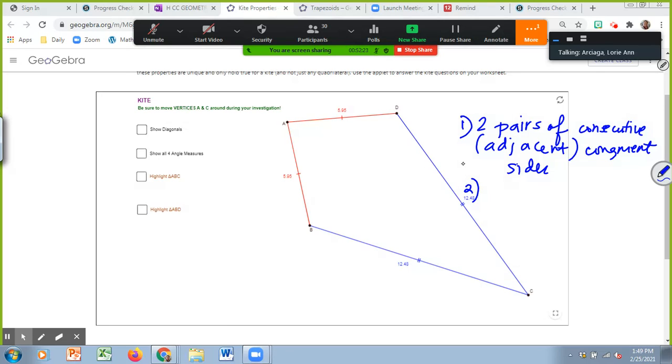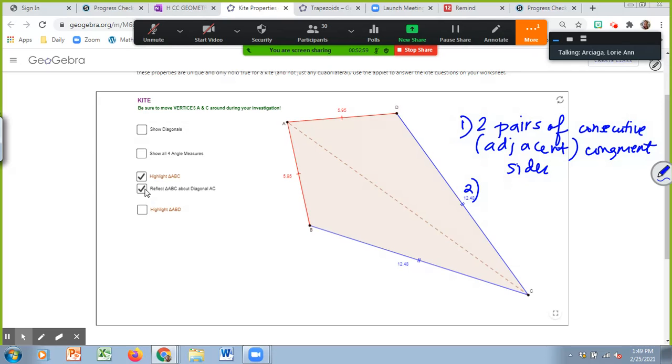Number 2. Let us show the diagonals. Are the diagonals congruent? I think this is like a parallelogram in which one diagonal is longer than the other. So there's not really a special relationship between the diagonals. However, I'm going to highlight ABC with this as a diagonal, and reflect that triangle about AC.